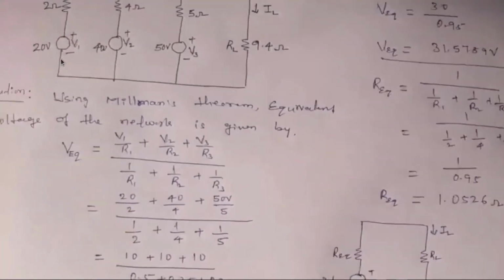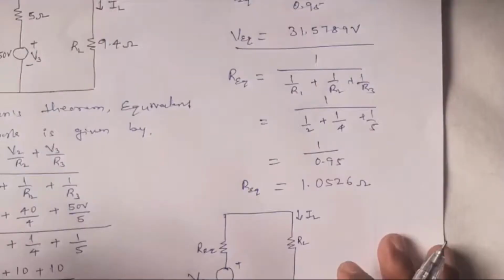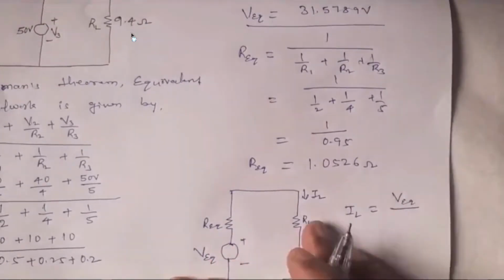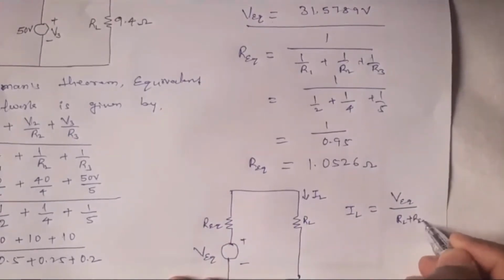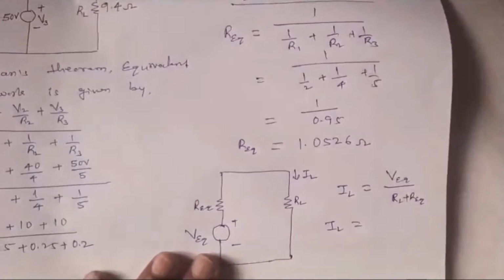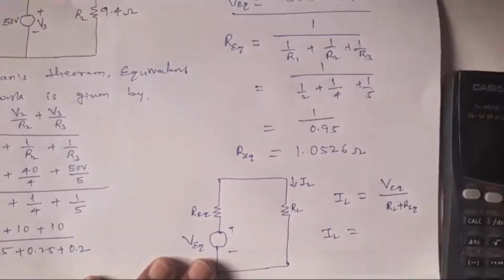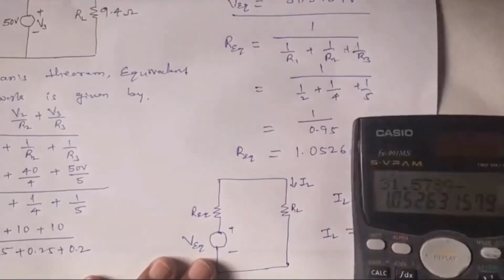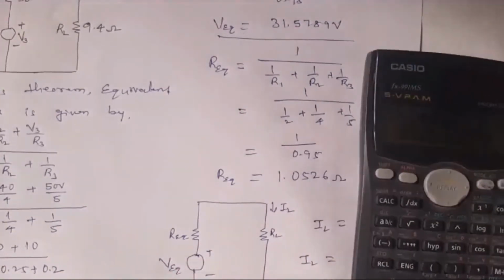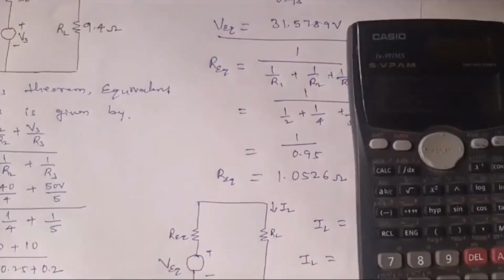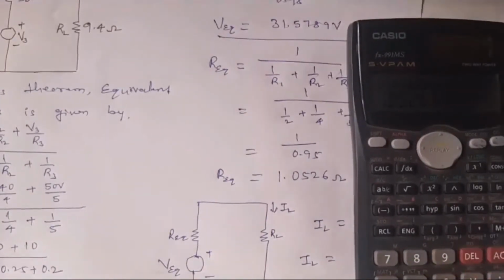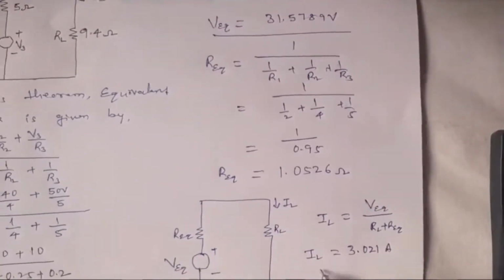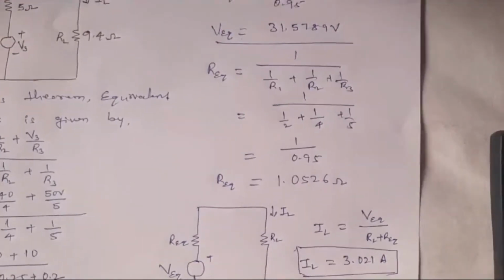Using Ohm's law, IL equals V equivalent divided by RL plus R equivalent, which is 31.5789 divided by 1.0526 plus 9.4, and IL is 3.021 ampere. This is the current through resistance RL.